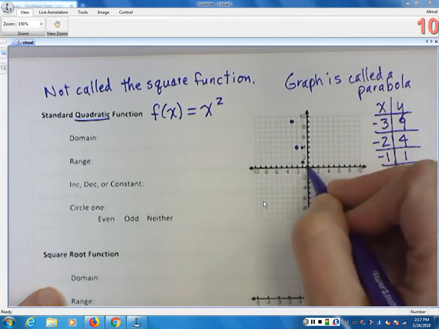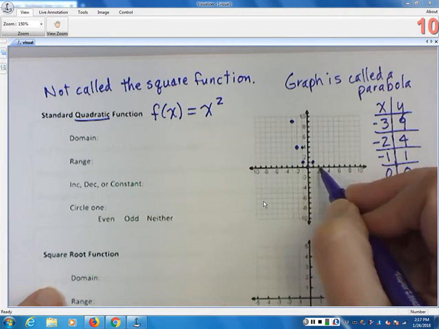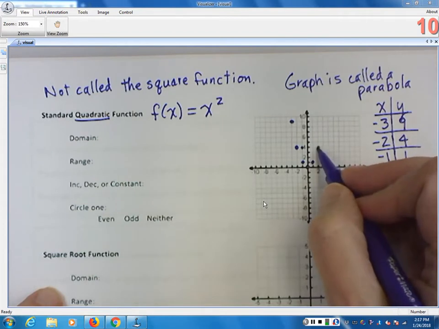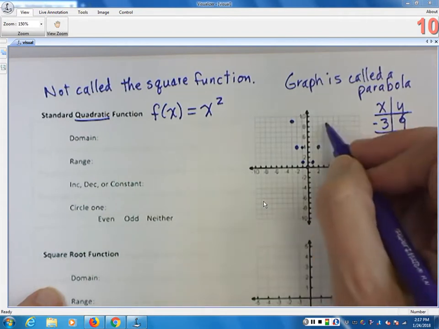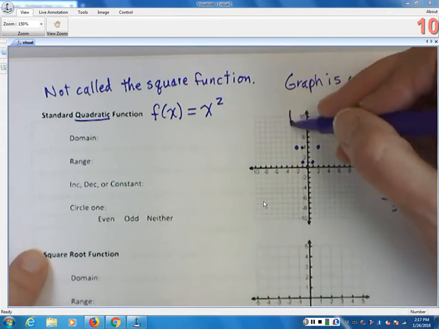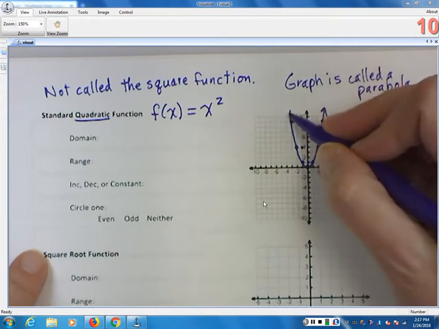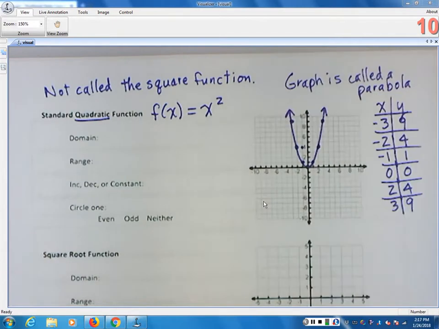We got 0, 0, 1, 1. I didn't write that one down, but that's there. 2, 4. It's symmetric. 3, 9. And then you make a smooth, ball-shaped curve, and it keeps going. It's got arrows, and that's a parabola.